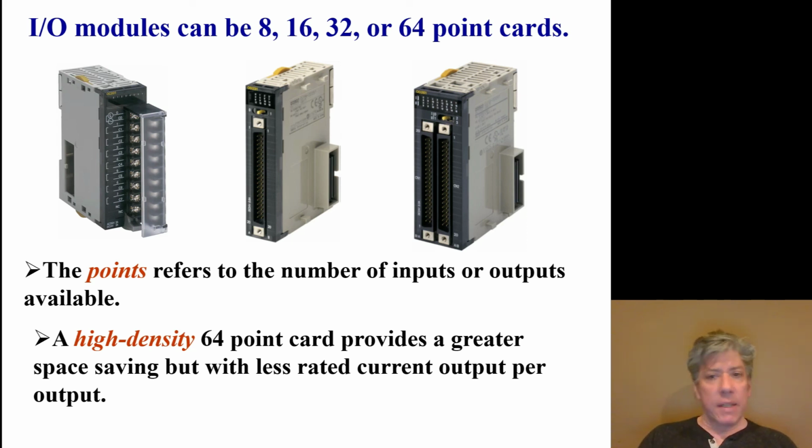It's a space-saving thing, and often you don't need high current capacity. See, what's really going on inside of the module is that current's being switched on or off, especially if it's an output.